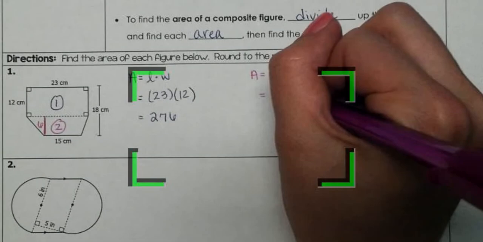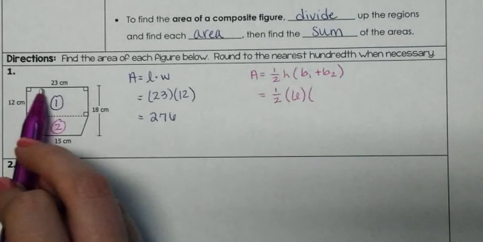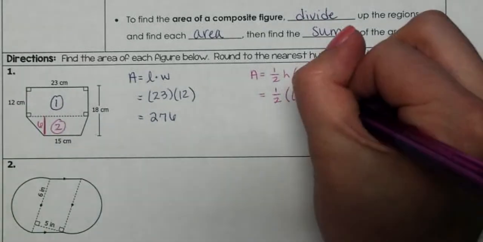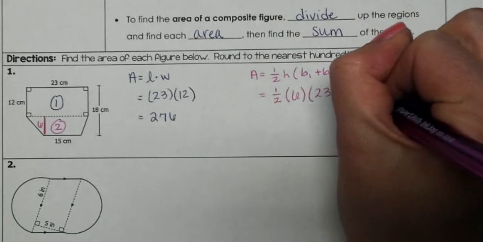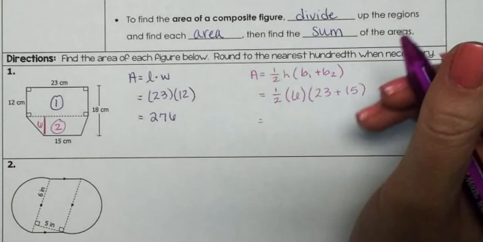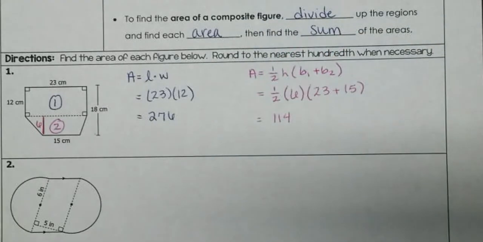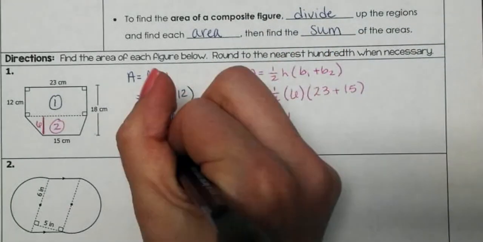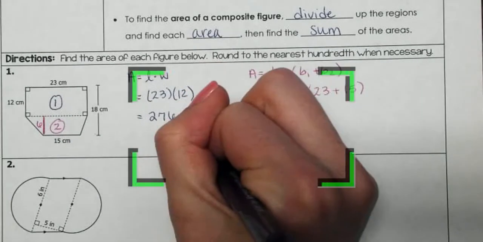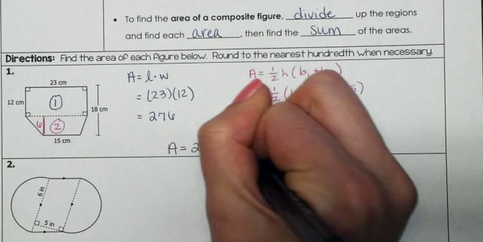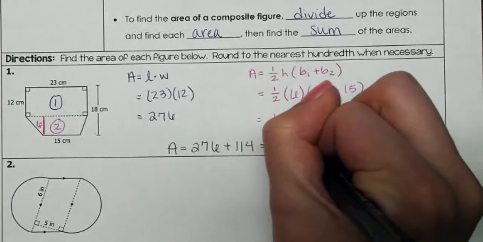So that's my 6. Now here's one of my bases. It's the same as this length, which is 23. And my other base is down here, it's 15. So if I plug that in, I get 114. So I've got to add them. My total area, 276 plus 114, is going to give me 390 centimeters squared.